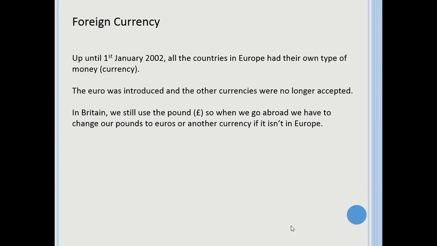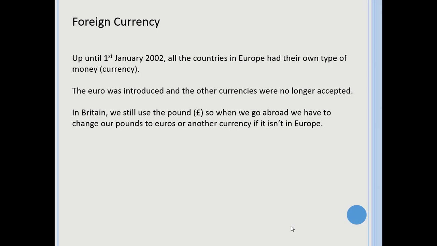So, a bit of background, up until the 1st of January 2002, all countries in Europe had their own type of money. Spain had pesetas, France had French francs, and at that point they decided to bring all the currencies together, and the euro was introduced.